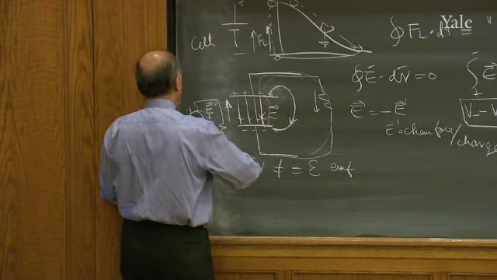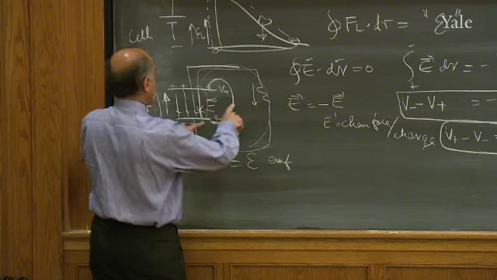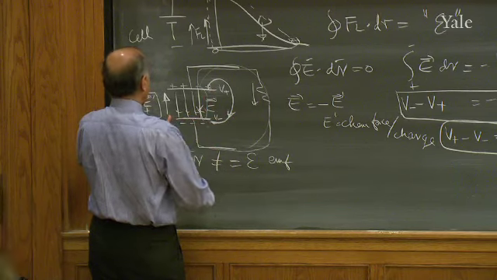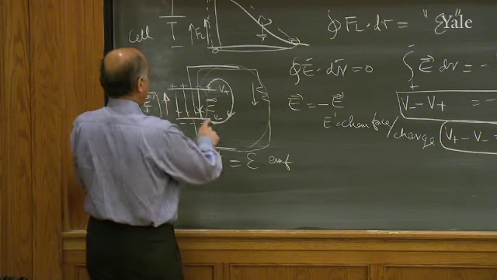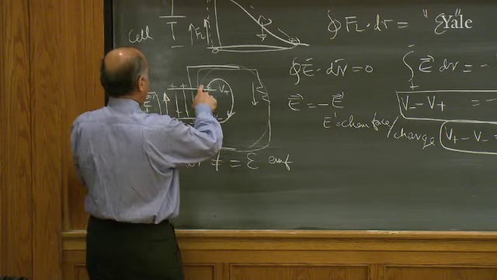So V plus, and this is V minus. Let me just make sure this part is correct. The line integral is 0, or if you like, the integral of the electric field from here to here, doesn't matter which path you take for the electric field, it's conservative, that's equal to the integral of minus E prime from here to here, but that's the same as doing it with the polarities reversed in the integral, and that will be the EMF.